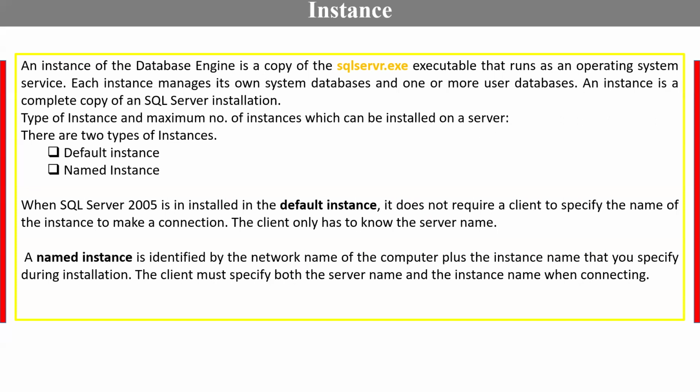So mostly we prefer the default instance when we have a single instance. If you want to install multiple instances on a single VM, then obviously we choose the default instance as one instance and go for the remaining ones as named instances. Most of the time, 90 to 95%, you will go for the default instance.